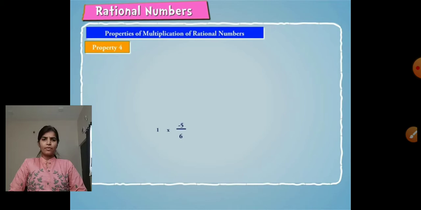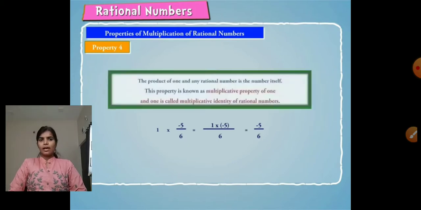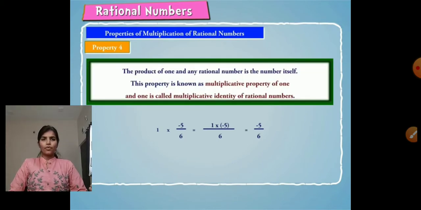Here we have 1 into minus 5 by 6 is equal to minus 5 by 6. That means our solution is the same, minus 5 by 6. The product of 1 and any rational number is the number itself. If you multiply any rational number with 1, your answer will be the same.